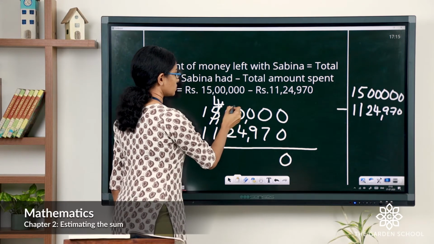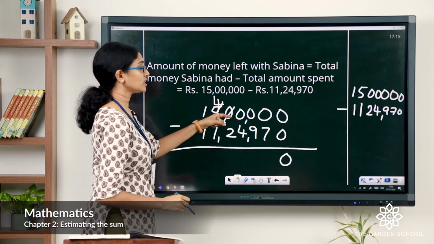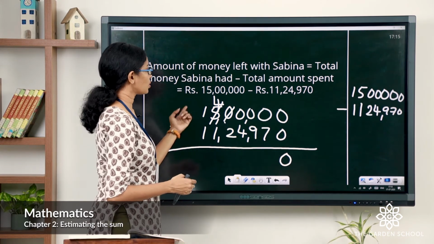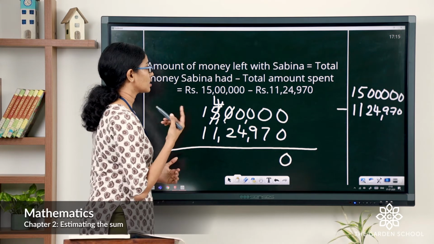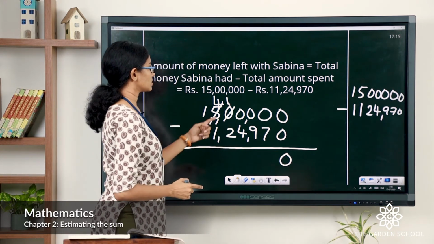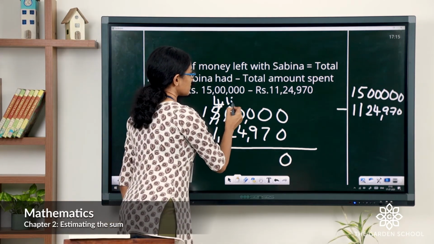4. Now, let's bring this 1 lakh to the 10,000s place. So, you have 1 lakh borrowed from the lakhs place to the 10,000s. That will make 10,000s plus the 0, that is 10,000s. So, this becomes 10.